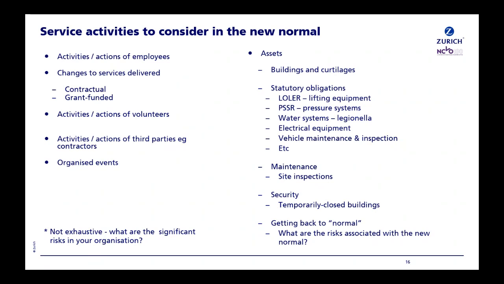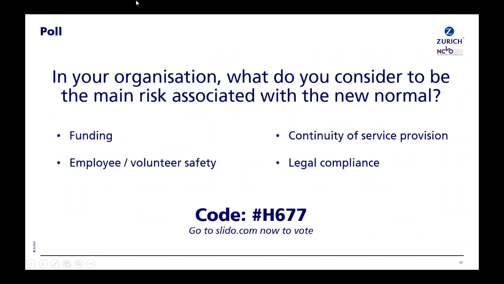So in terms of risks that you consider to be the main risks associated with the new normal, we have a second poll. In your organisation, what do you consider to be the main risk associated with the new normal?